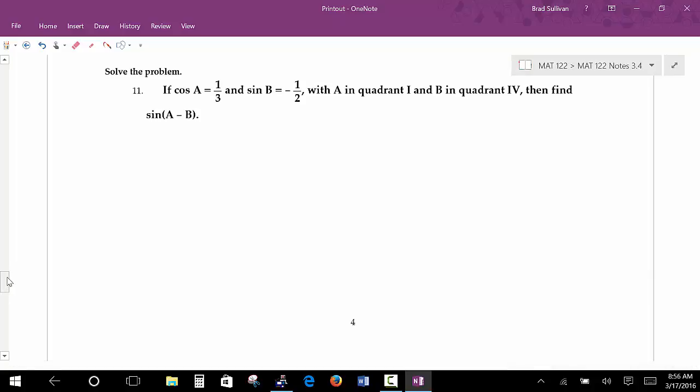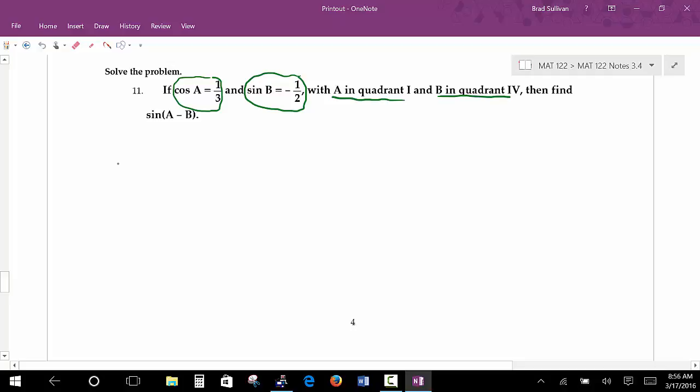Okay, so what we're doing on this one is I give you some information. I'm giving you the cosine of an angle A is a third, and I'm giving you that that angle is in quadrant 1. I'm giving you the sine of a different angle, B, is negative 1/2, and I'm giving you that fact. You have to be given that fact to nail this down.